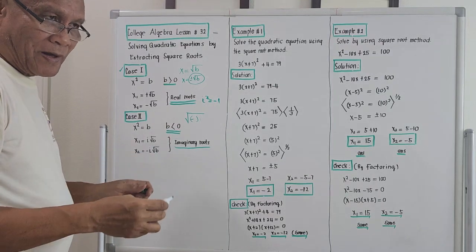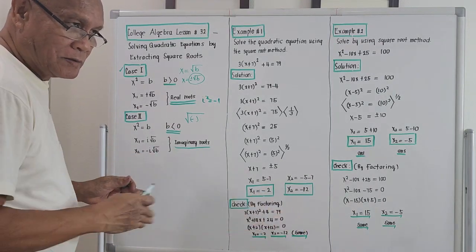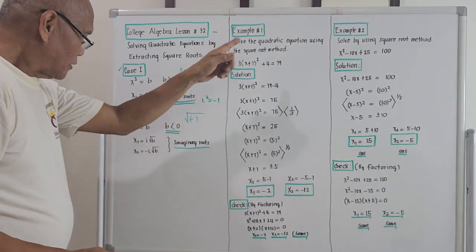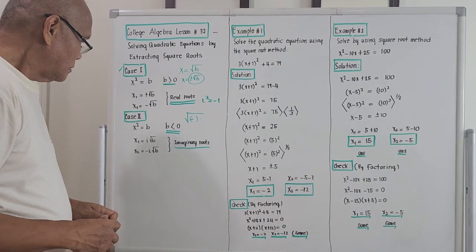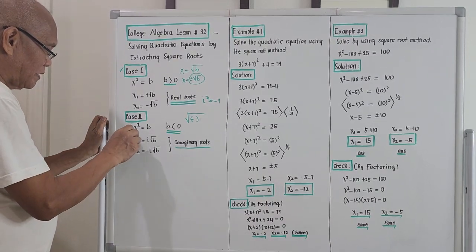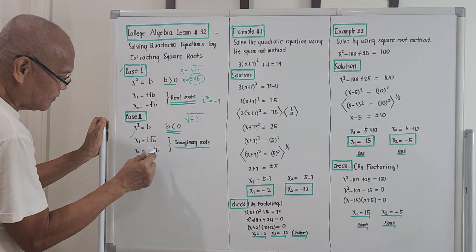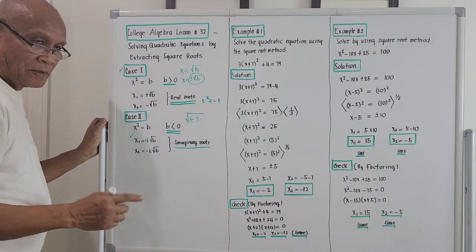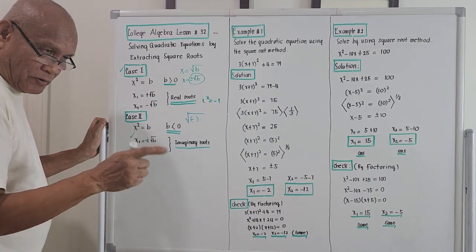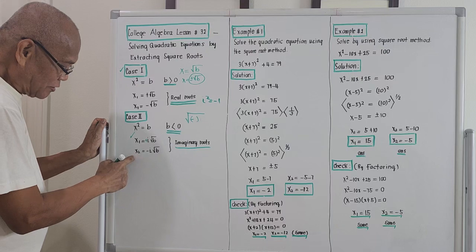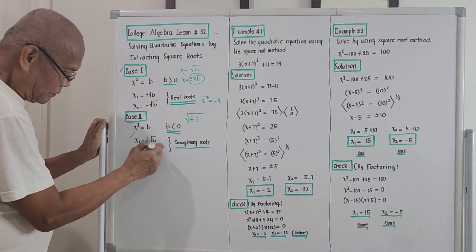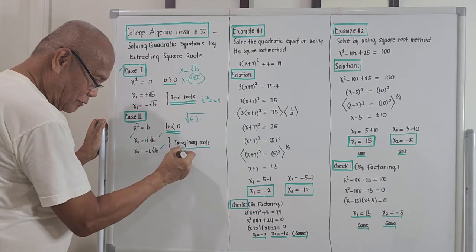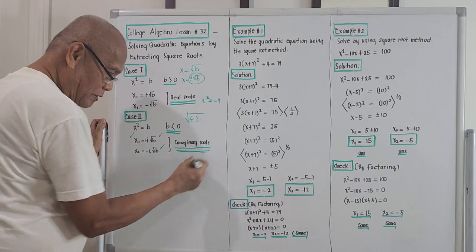To simplify that negative square root inside the radicand, we must introduce i squared equal to minus 1. So under case number 2, if b is less than 0, the value of x1 will be a positive i times the square root of b, and the second value will be x2 equal to negative i times the square root of b. And these two values are termed the so-called imaginary roots.